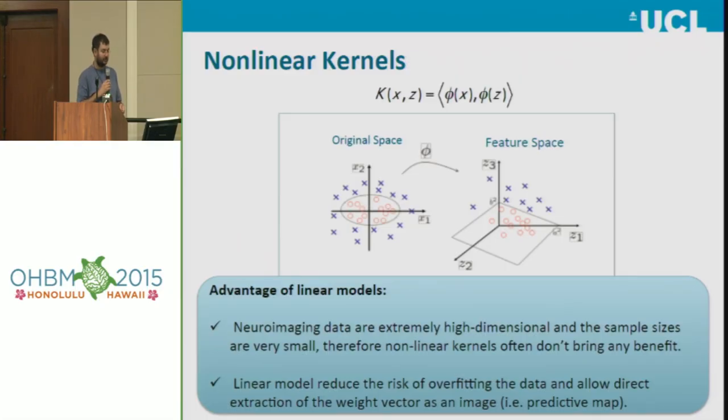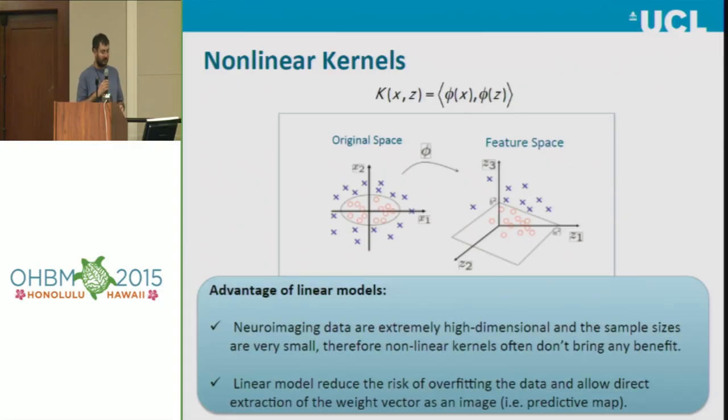You generate these new high dimensional features in which you can just apply a linear function for classification or regression. But in practice, we quite rarely use nonlinear kernels in neuroimaging, especially if you're using the whole brain as image features. The reason is that neuroimaging data is already extremely high dimensional, which makes it very challenging to find a reliable and robust predictive function.